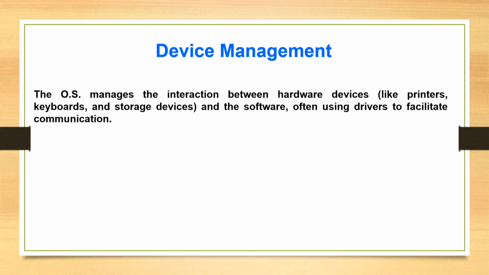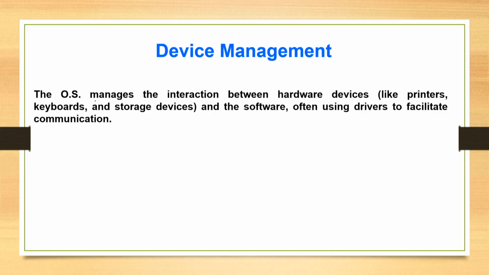The next job, or function, of the operating system is device management. There are so many devices attached to the computer system. It may be input devices or output devices. These have to be managed, and who will do that? That is again the function of the operating system.